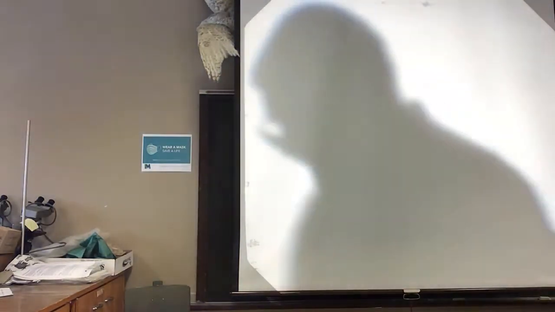Processing. For a transmission scope, you need the beam to come through what you're looking at, which means what you're looking at has to have some level of transparency. Can't be completely transparent or you wouldn't be able to see it. So you have to adjust the transparency of your object so that you get some contrast in what you're looking at.